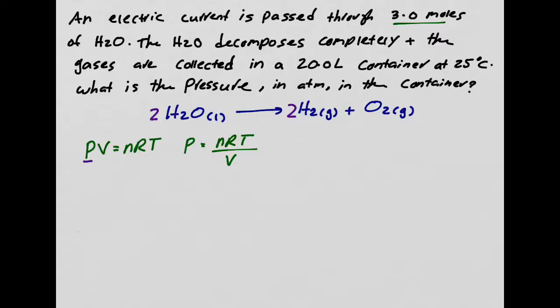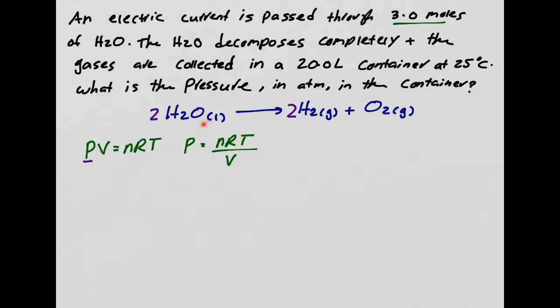I know I've said this a couple times, and people make fun of me for it, but I'm going to say it one more time. Ideal gas law is for gases. You repeat after me: ideal gas law is for gases. I know it sounds silly, but people make that mistake all the time. In this problem, I give you the moles of H2O. H2O is not my gas.